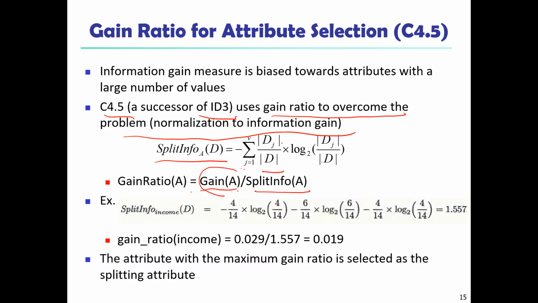What is gain A here? It is the information gain which we get, divided by the split information of A. Example. See here, we are going to find for income.